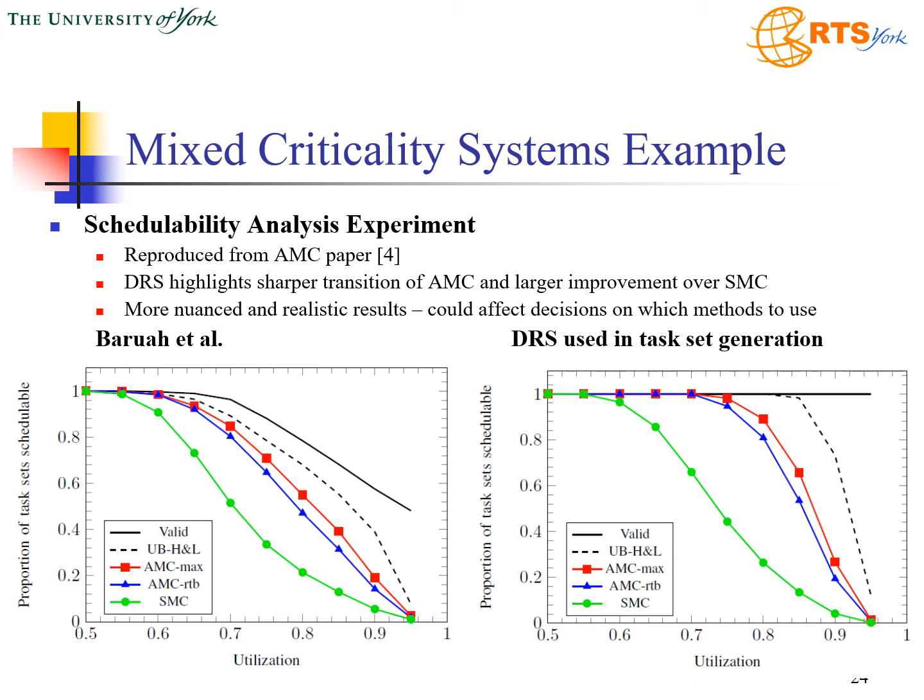By using the improved methods of task set generation that DRS supports, we can see a much sharper transition in schedulability for the AMC method than for SMC, and also a much larger improvement by using AMC over SMC. So by using DRS, we're able to get more nuanced and realistic results, and these could affect the decisions on which methods to use in practice.